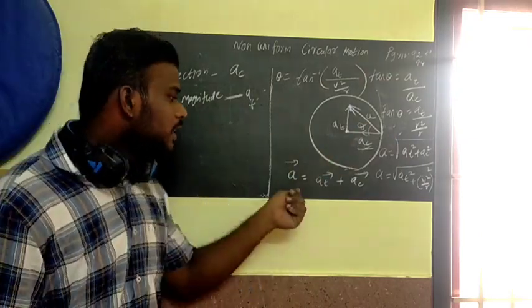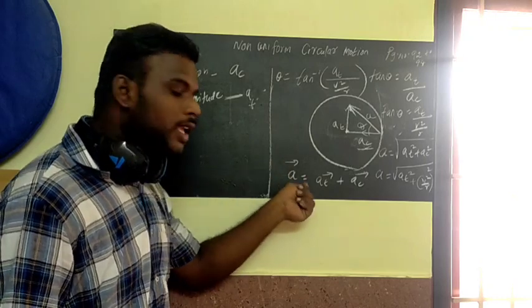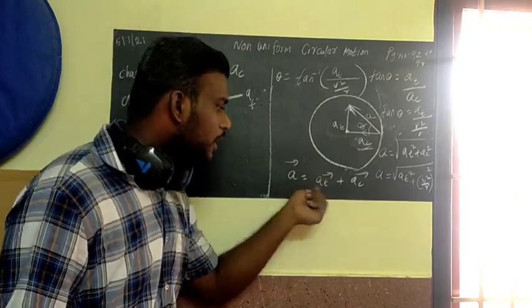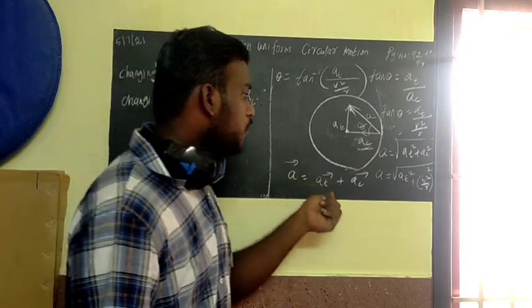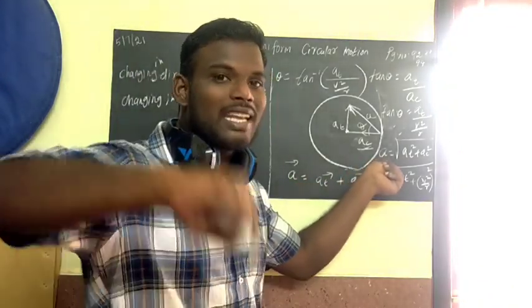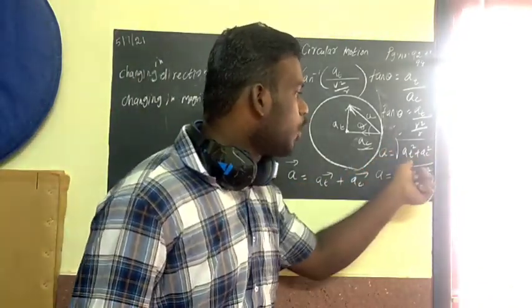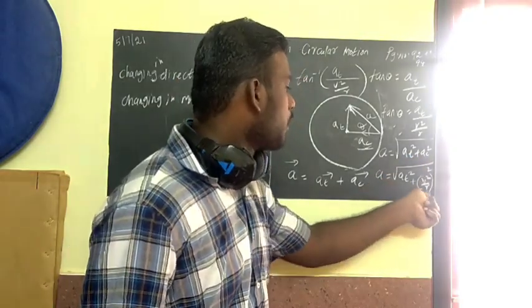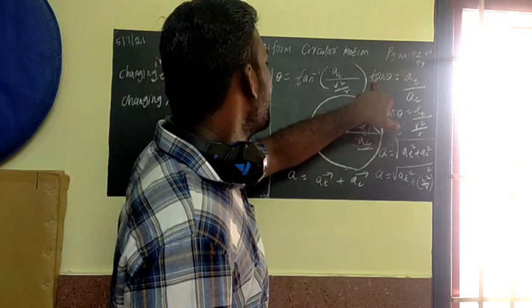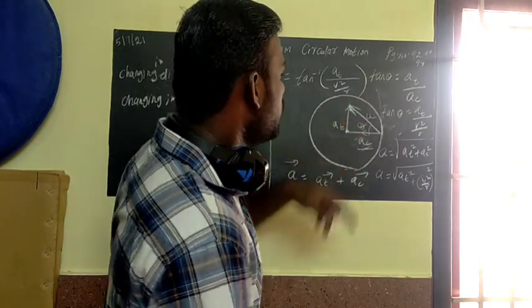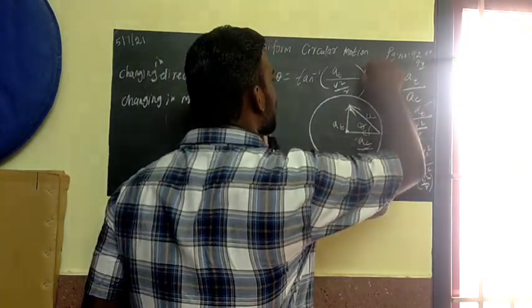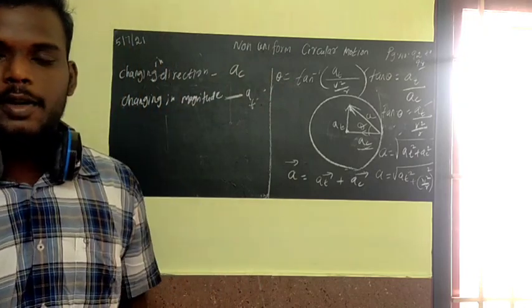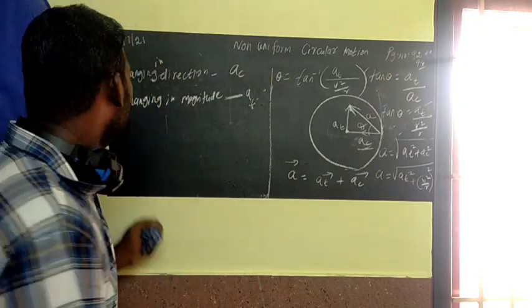Because of that, the net acceleration is equal to the vector sum of the individual accelerations. For the magnitude of the total acceleration, we take root over tangential square plus centripetal square. Substituting the formula, tan theta gives the direction of the resultant acceleration. Is that clear?